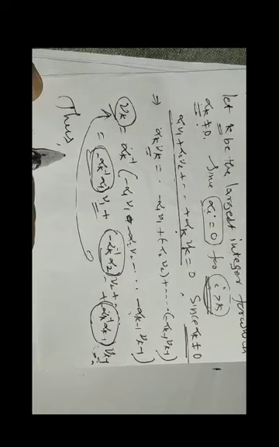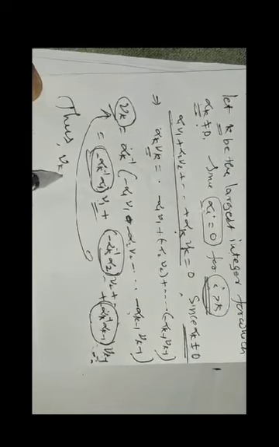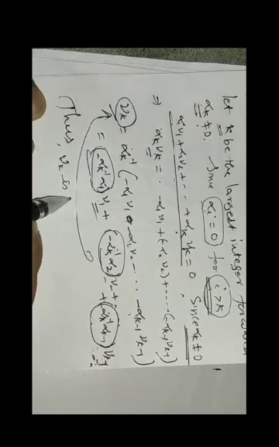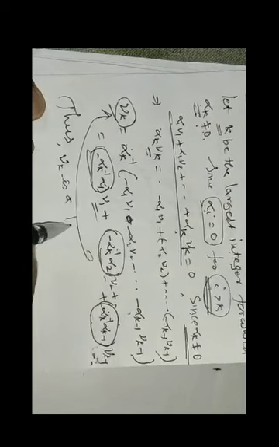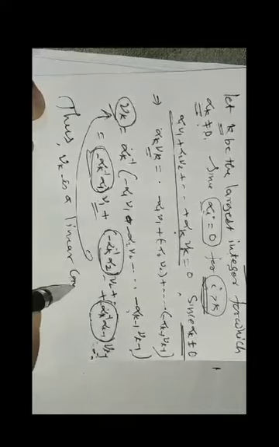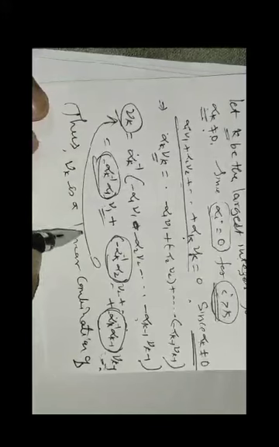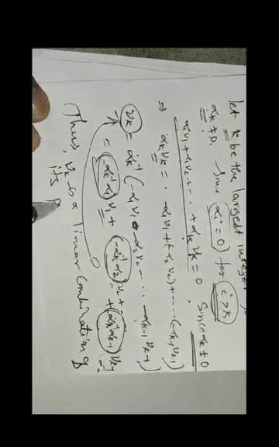Thus this vk is a linear combination of its predecessors.